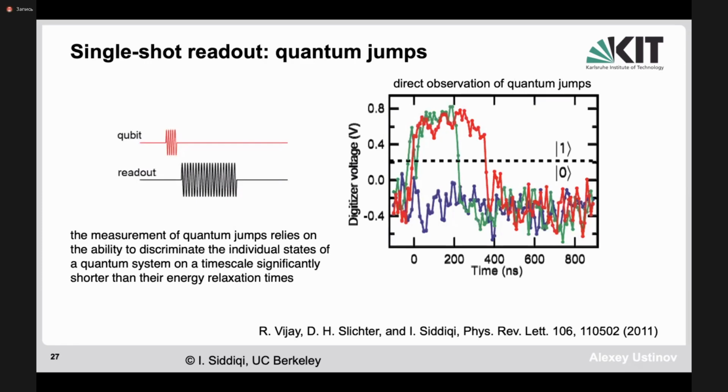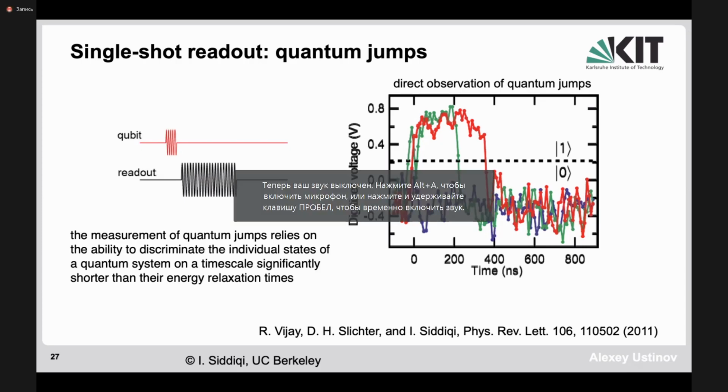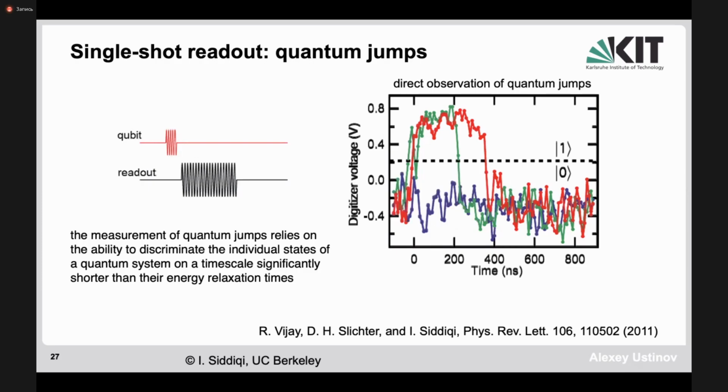So by using high contrast readout, one can also observe the so-called quantum jumps. And these are basically measurements which are done due to the ability to discriminate individual quantum states on a time scale which is significantly shorter than their energy relaxation time. Of course, by measuring the quantum jumps, you have the back action on the qubit.